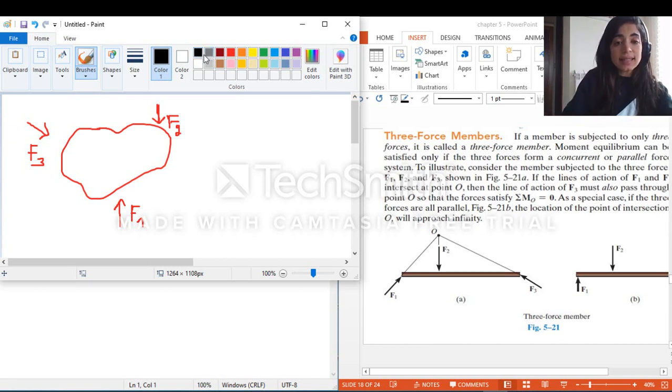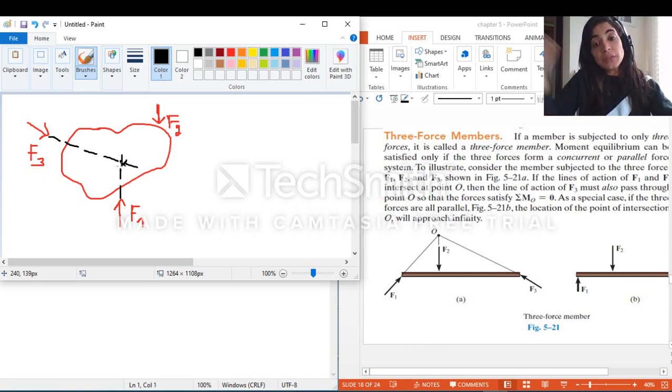In fact, let's say, guys, that F3 is not parallel to F1 and F2, which means, guys, that there is a point of intersection of F3 and F1, or between F3 and F2. And I know, guys, that from the previous case, if F3 and F1 are intersecting on one point, this means that F2 should be intersecting the same point.